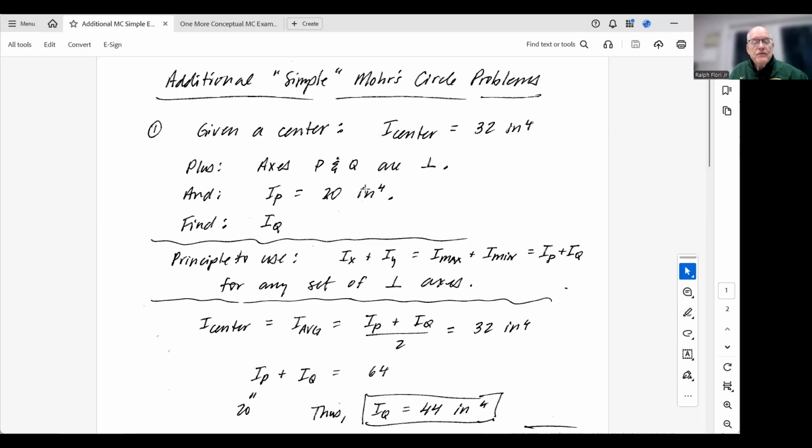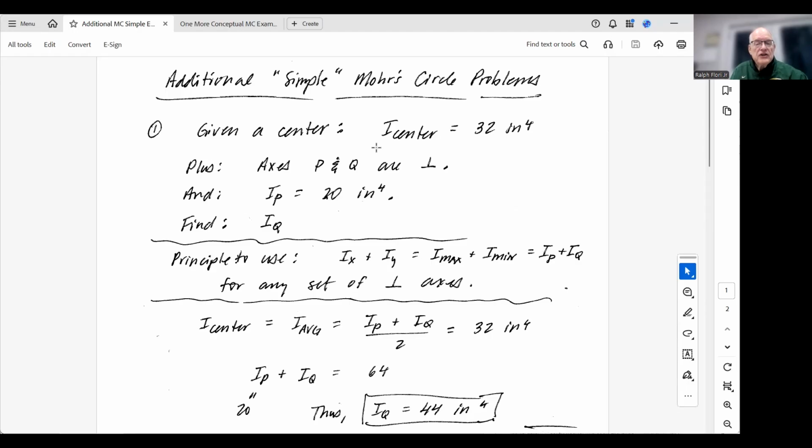One principle you can use is that we have an invariant property for our rotated coordinate systems: Ix plus Iy is equal to Imax plus Imin, which is equal to IP plus IQ for any set of perpendicular axes.